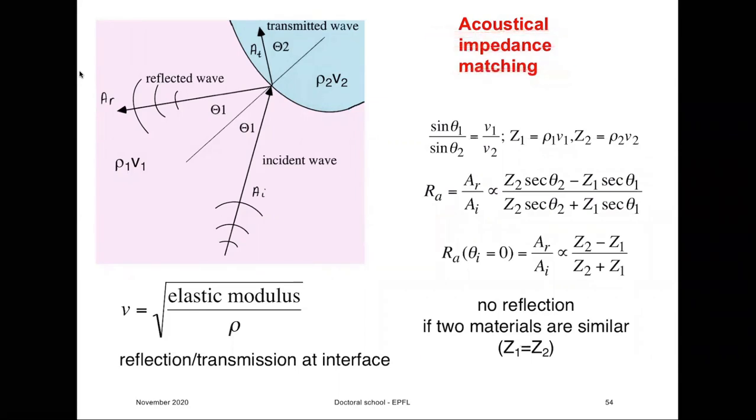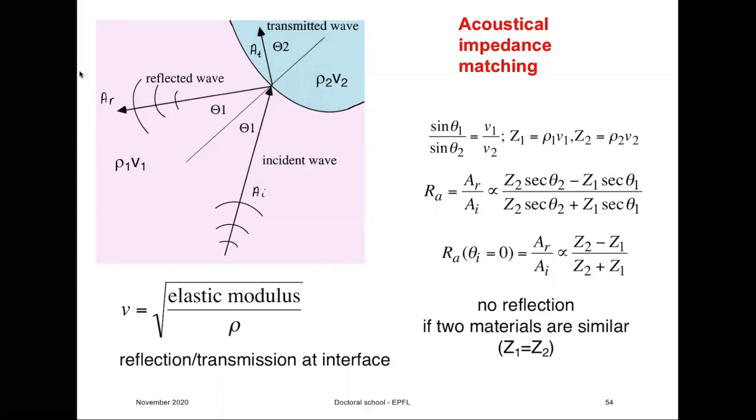And this is similar to electric impedance matching in an electrical circuit, and also what's happening in optics. If you have an incident wave moving in one medium and it gets reflected from another medium, you will have reflection and you will have transmission. You will have transmission into the second medium, and you will have reflection into the medium where your incident wave is coming from.